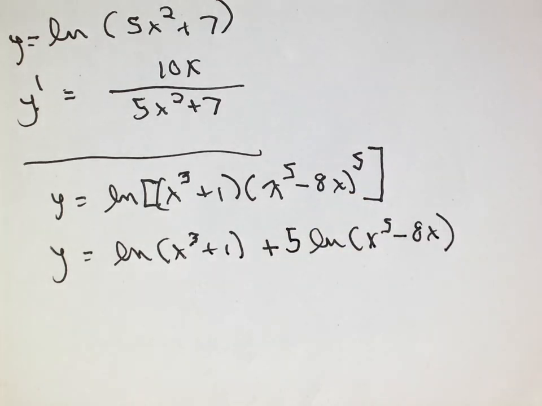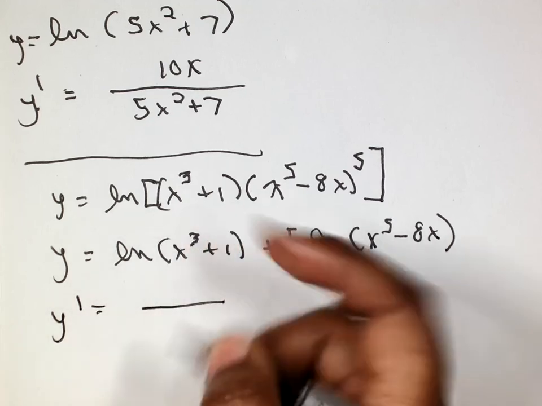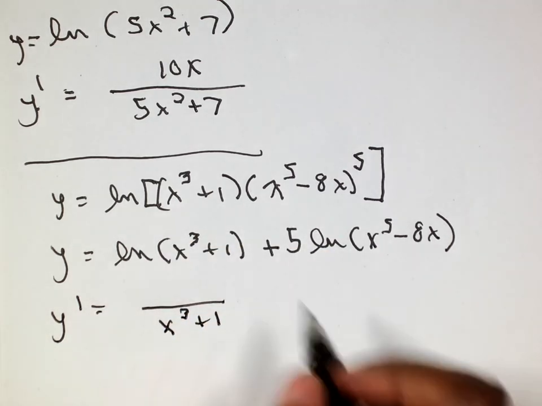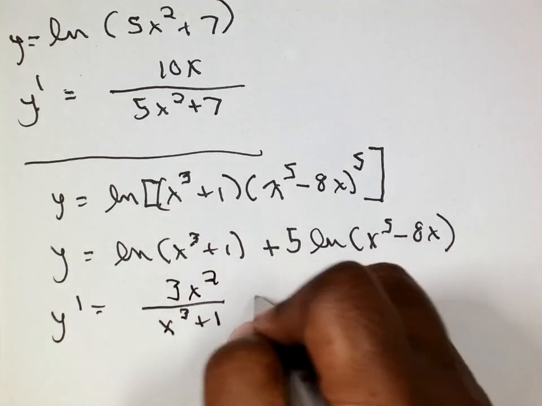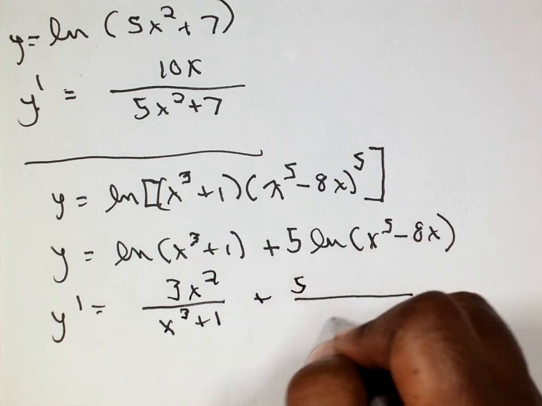Now when I take these derivatives, they're not that bad as opposed to trying to do it all together. So y prime, this first term, the x cubed plus 1 goes into the denominator. Derivative of x cubed plus 1 is 3x squared. For this next term, I have that 5 out front, so I'm just going to stick it there.